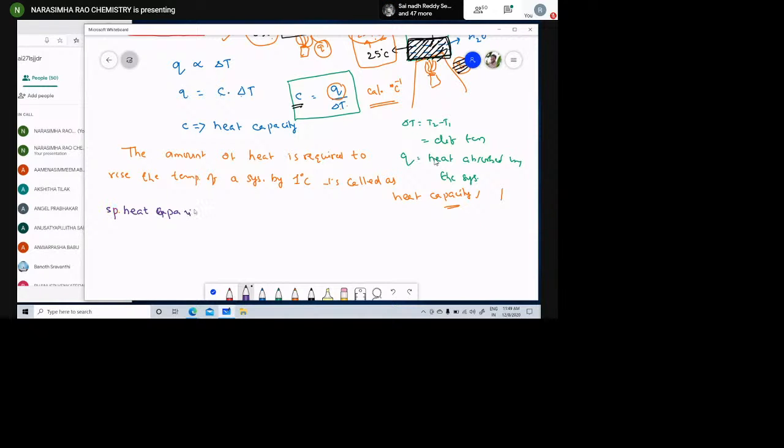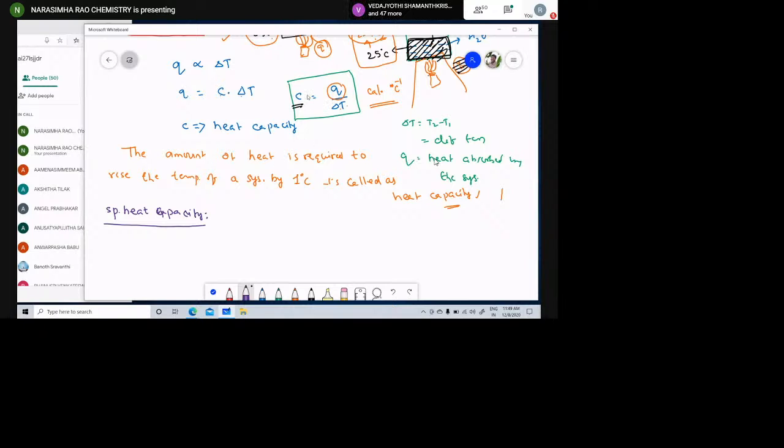Then children, what is specific heat capacity? How is it related with heat capacity? Specific heat capacity means the amount of heat required to raise the temperature of 1 gram of substance by 1 degree.